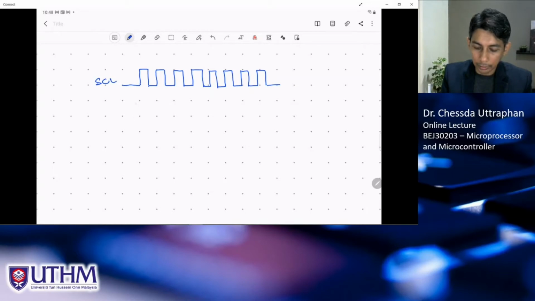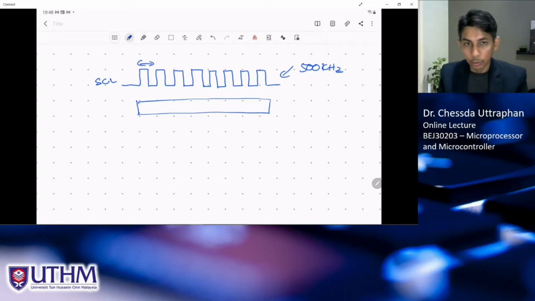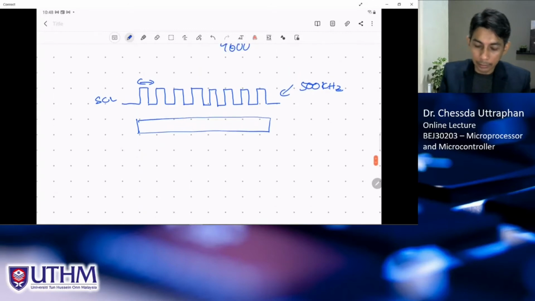So for data, 1 byte data here, and we have 100 kilohertz frequency. So one clock cycle represent 1 bit data. So here the duration of one clock cycle is, of course, 1 over 500k.